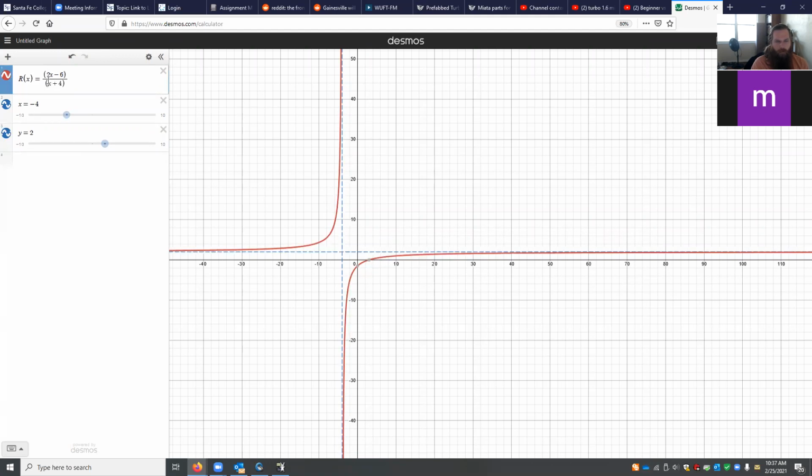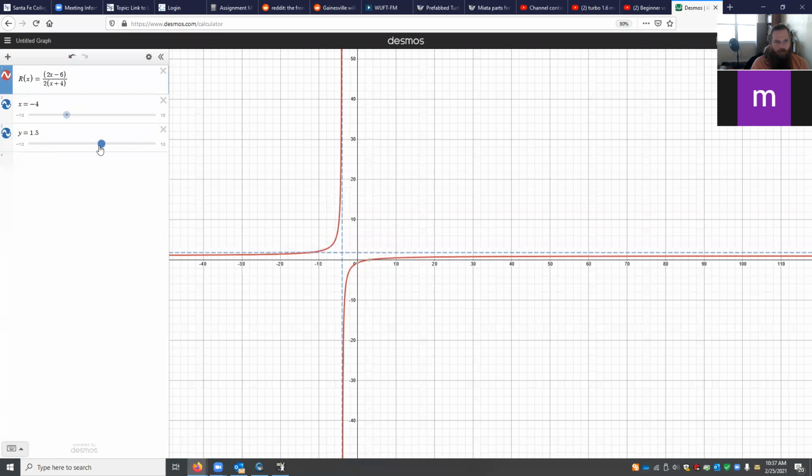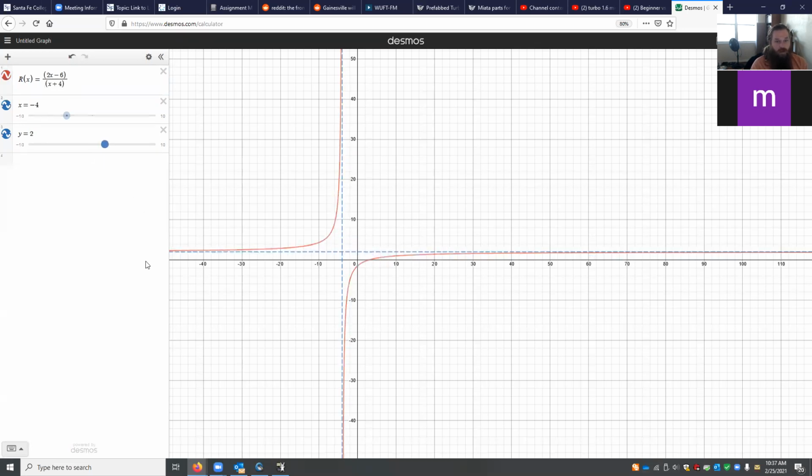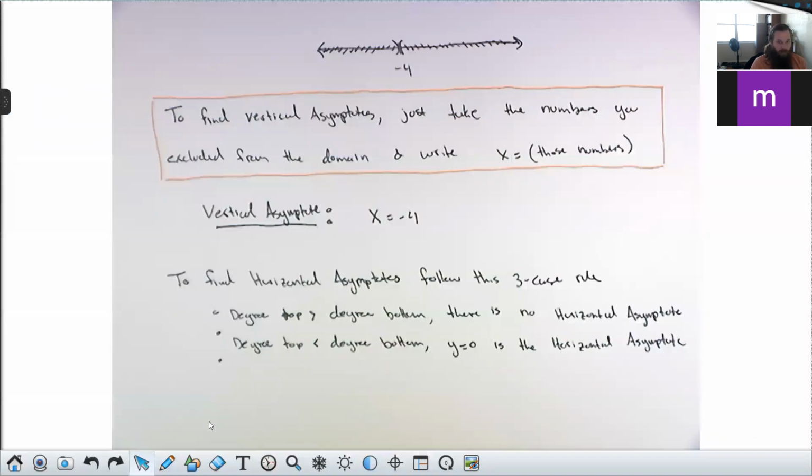If I change the bottom to have a lead coefficient of 2, that moves my horizontal asymptote down to 1. So what really is going on here, I'll put it back, is we're taking the ratio of lead coefficients. But you're exactly right, it's coming from the coefficients.